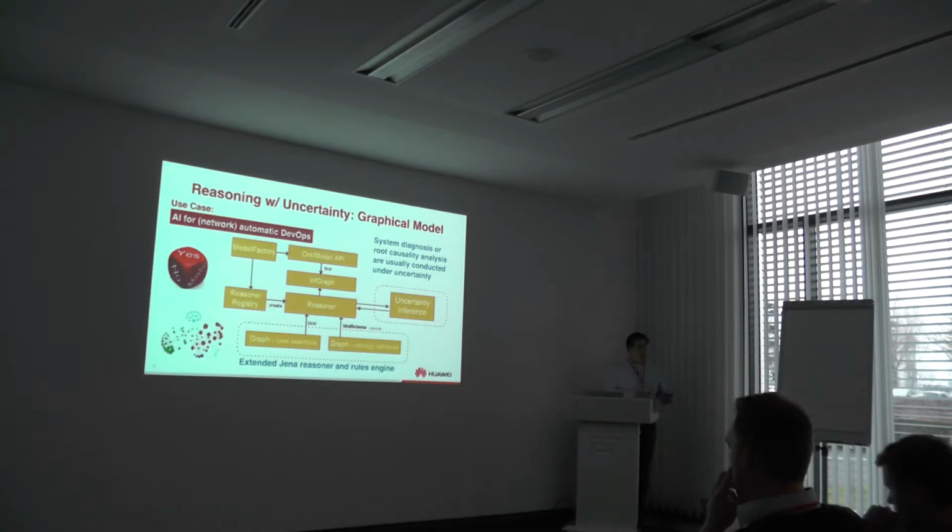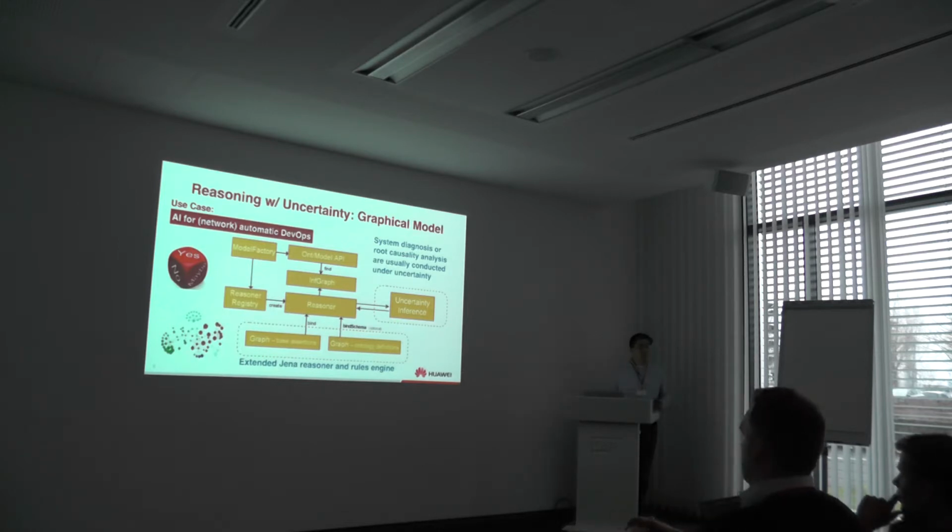How do I know if there's an issue with your cell phone, or with an app in your cell phone, or is there something wrong with our system, or something else? So we have to do some reasoning under uncertainty, because the information we get is very limited, it's incomplete, and the information can be wrong. So how can we handle that uncertainty?